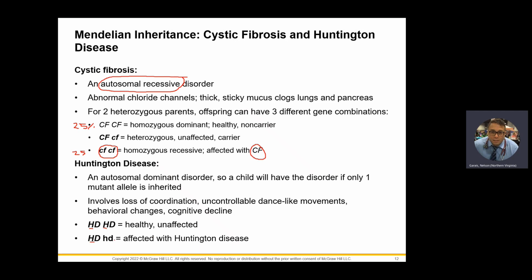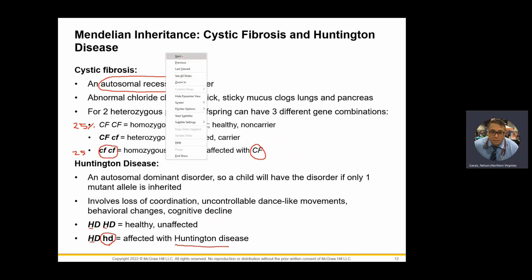You have a capital and then a lowercase. It's a heterozygous dominant. Well, in an autosomal dominant, as long as we have that one mutant allele, which is this one, we're going to get it. Okay. Next one.